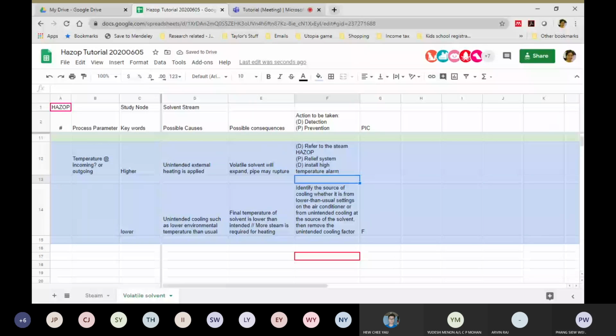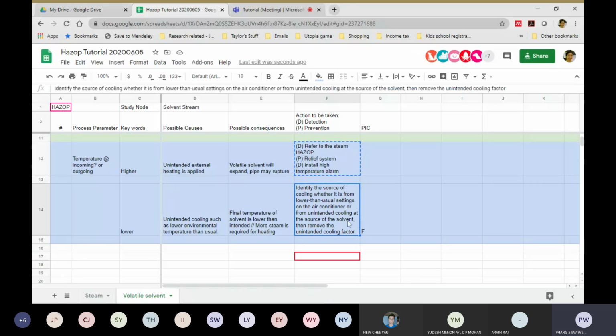Okay. So lower temperatures: unintended cooling, lower environment temperatures as usual, or the steam piping has issues that cause a lower heat exchange rate. I believe that this can actually apply.